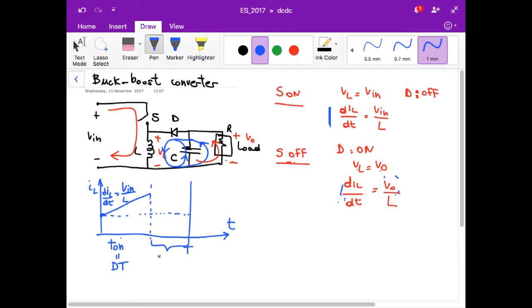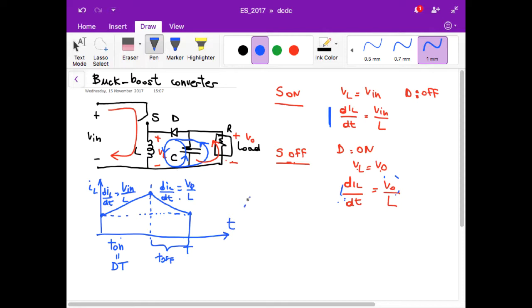Let's say that this is T off. The current must decrease, which means that dIL over dt is equal to VO over L.